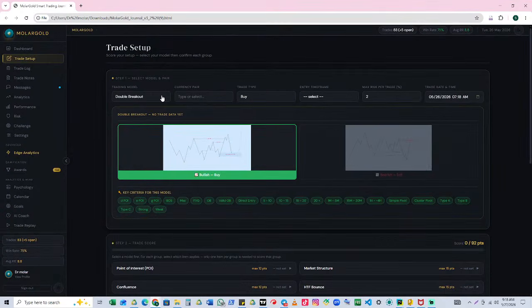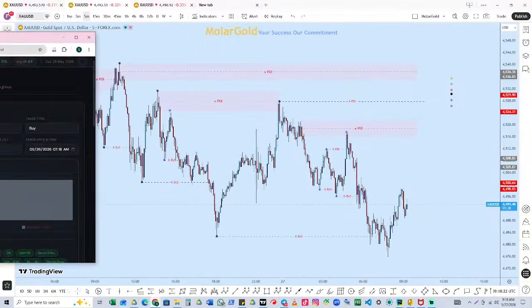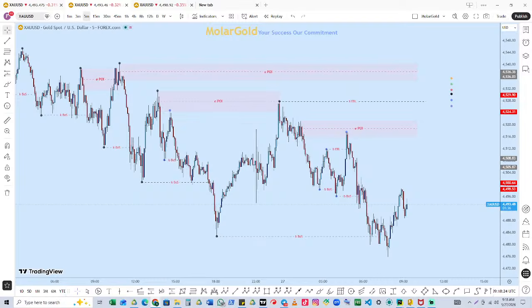We have GPY, we have DPY, we have EPY, XPY continuation, XPY reversal, HFT bounce, double breakout, handover or handoff, TF, and then XPY. So we have different models.